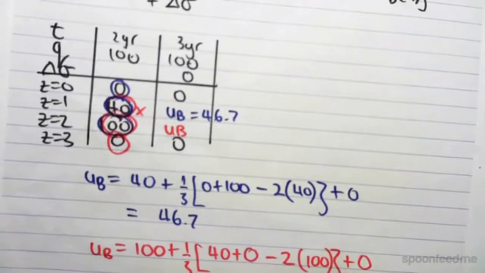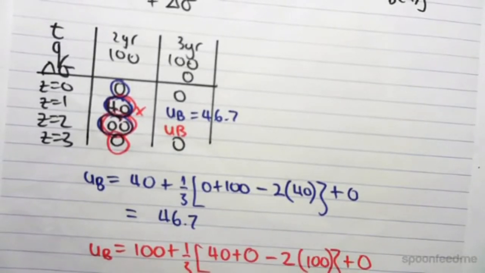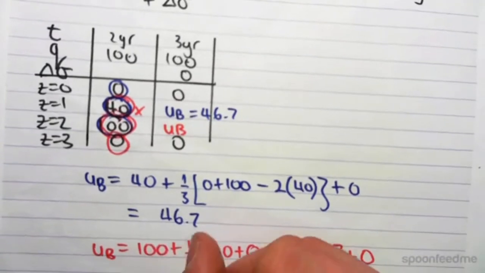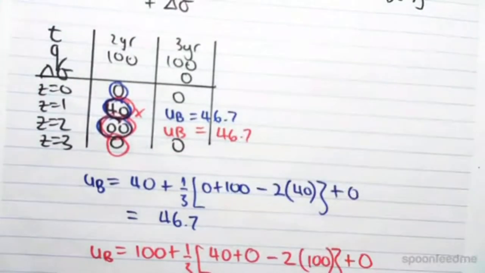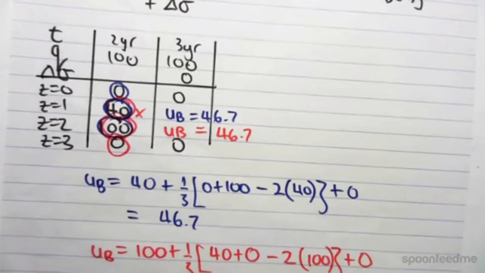So if we were to work this out, we get 40 minus 2 outside of 100 times by 1/3 plus 100, so we get 46.7. Okay, let's just double check that. 40 minus 2 lots of 100 times by 1/3 plus 100 is 46.7.